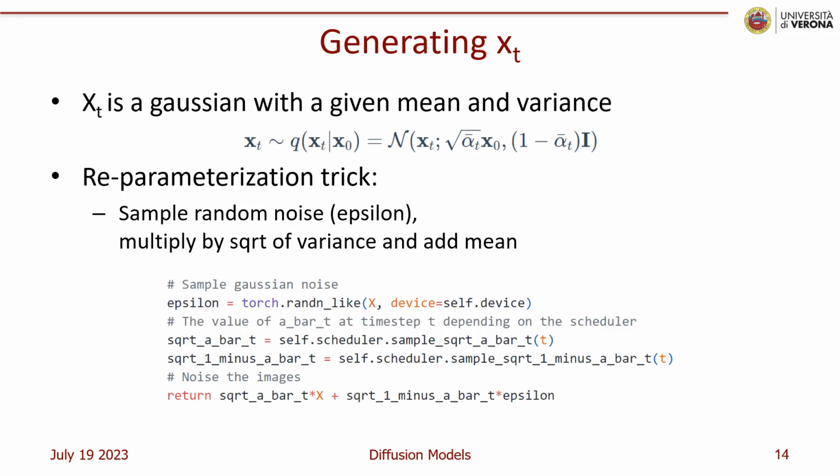variance, you just take a normal distribution, which we call epsilon. You can see torch randn then gives you a random distribution of the shape of the image that we want to generate. We get the alpha bar, we get the square root of 1 minus alpha bar, and we just multiply the normal distribution by the standard deviation, so the square root of the variance, and then we add the mean that we want.